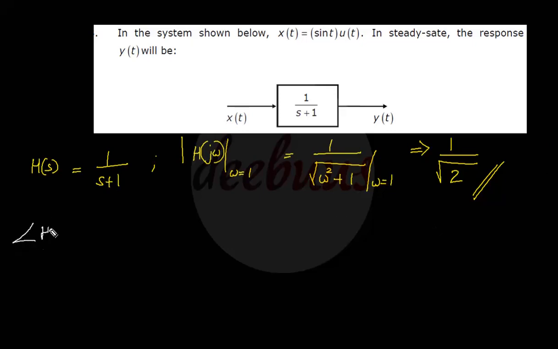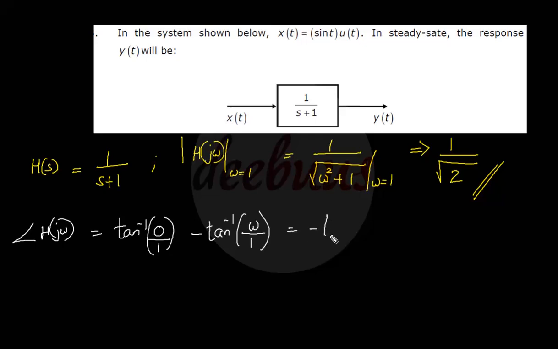Similarly, we have to evaluate the phase contribution. The phase function on the numerator side is tan inverse of the imaginary part. There is no imaginary part, so tan inverse of 0 by 1. Next, we evaluate the phase contributed by the denominator. As it is on the denominator side, we put a negative sign: minus tan inverse of the imaginary part, omega, by the real part, 1.